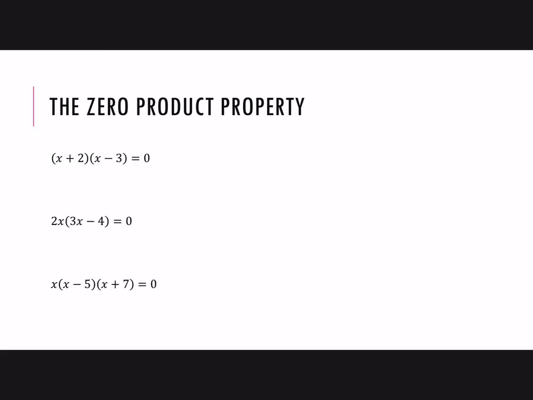So the zero product property tells me that one of those two things must be a 0. The only difference here is instead of talking about single numbers a and b, we have a parentheses acting as a and a parentheses acting as b. In this case, the a is the x plus 2, and the b is the x minus 3.